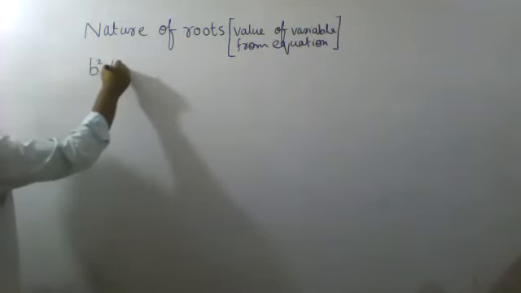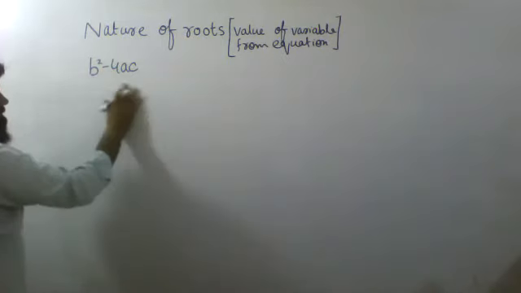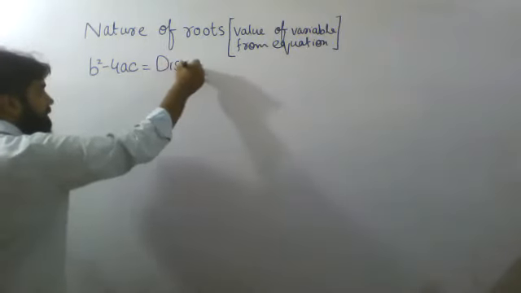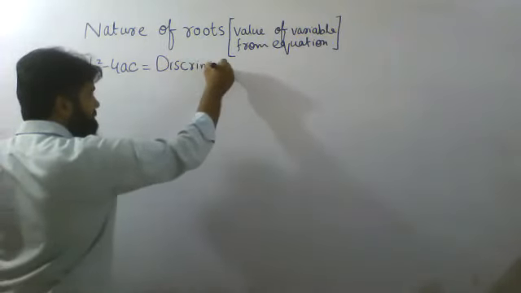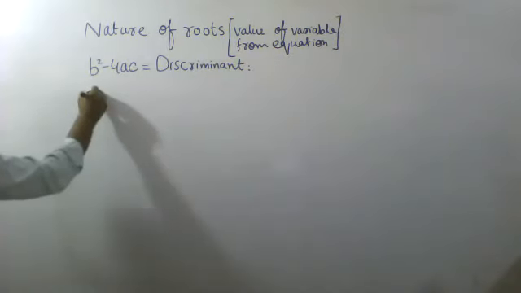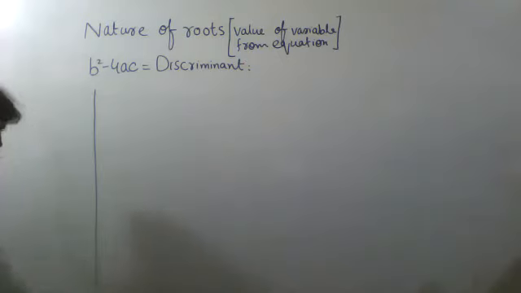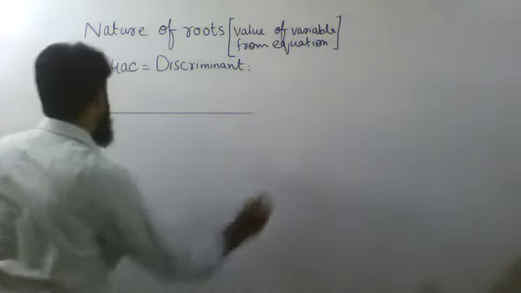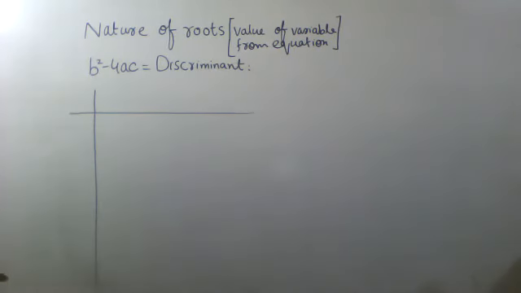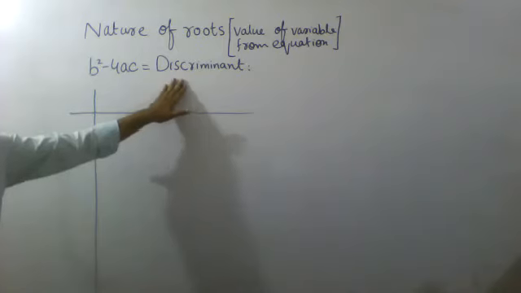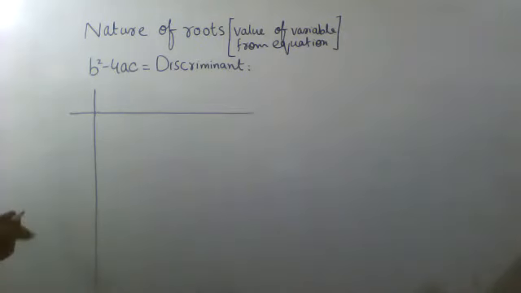B square minus 4ac, which is known as discriminant. Okay, b square minus 4ac is known as your discriminant. Okay, so now what are the cases?